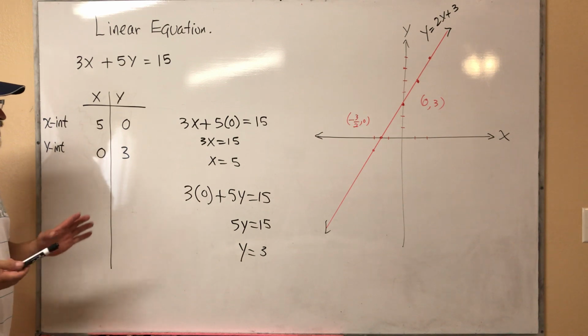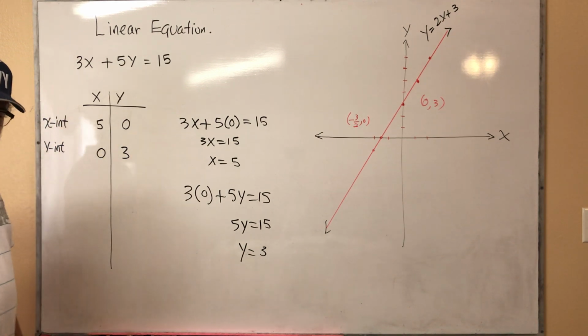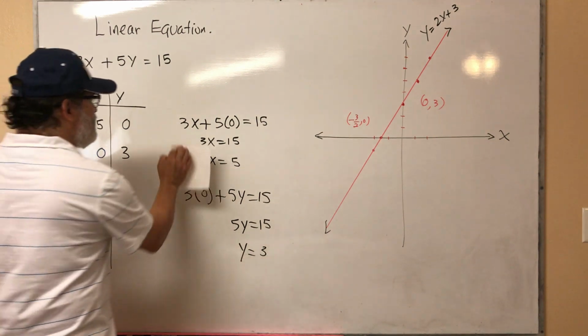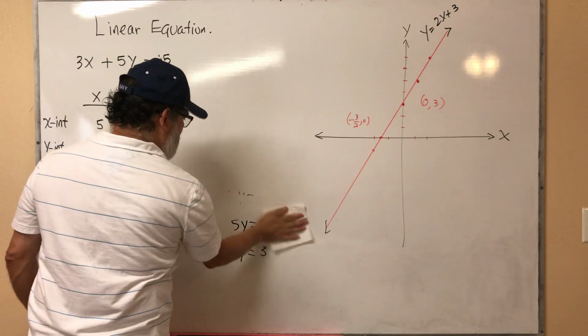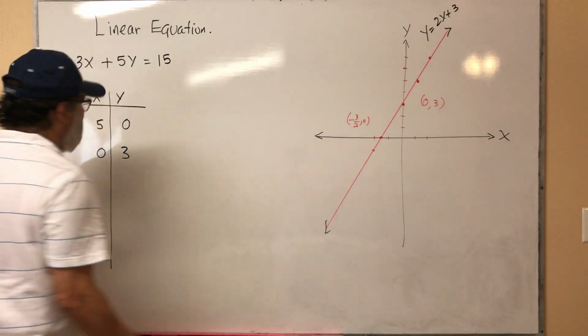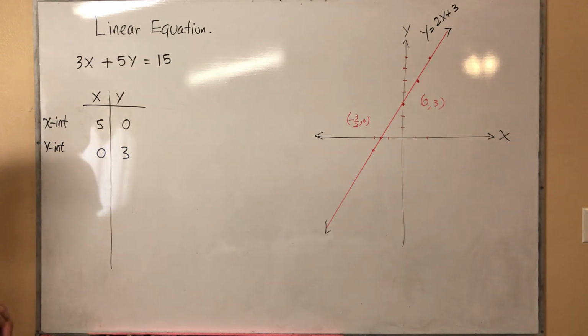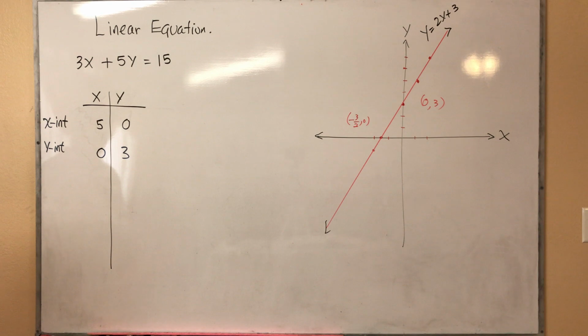I have enough to graph the line now. I can find another point. Let's find another point. Sure, why not? Why don't we let y be, it doesn't really matter, guys.